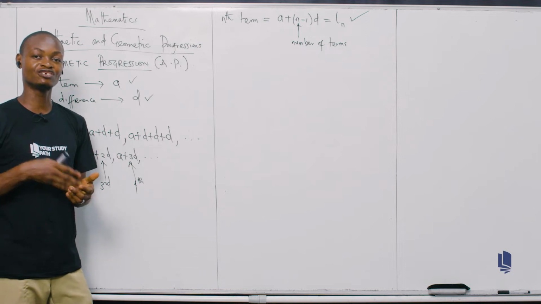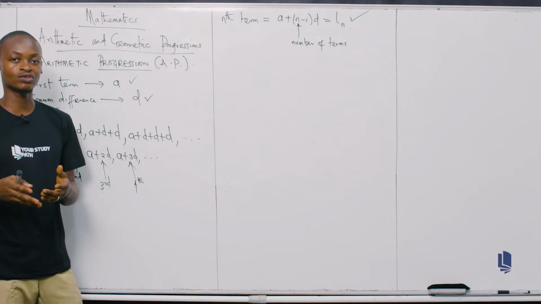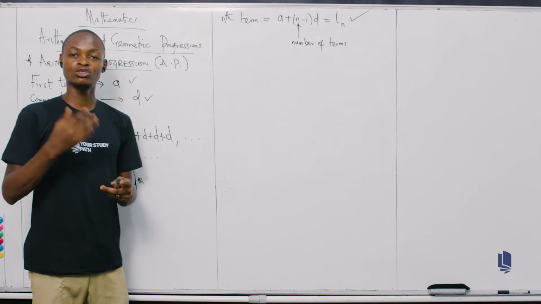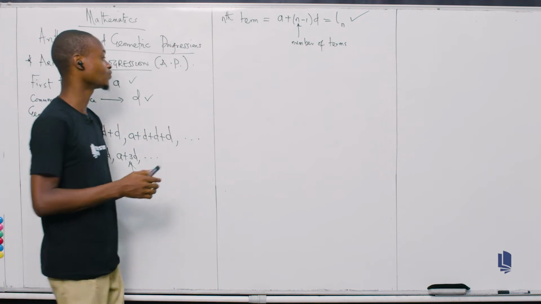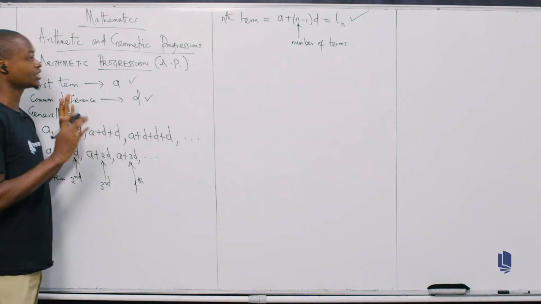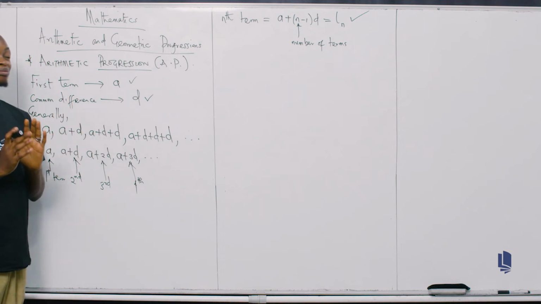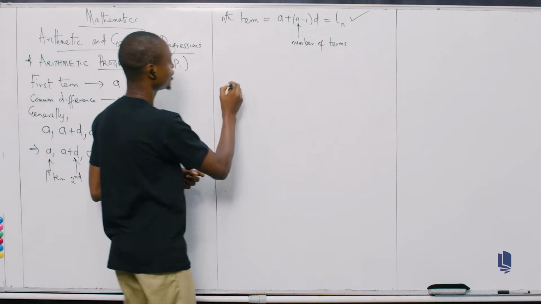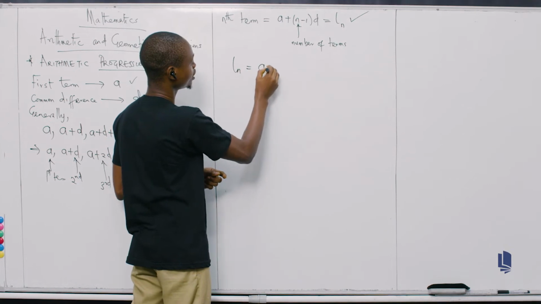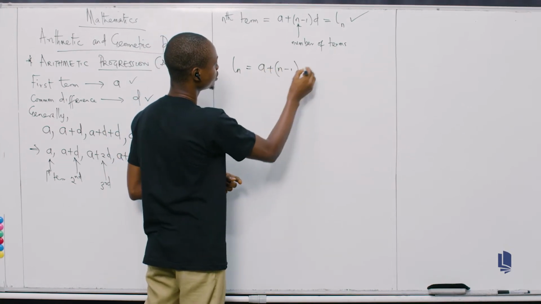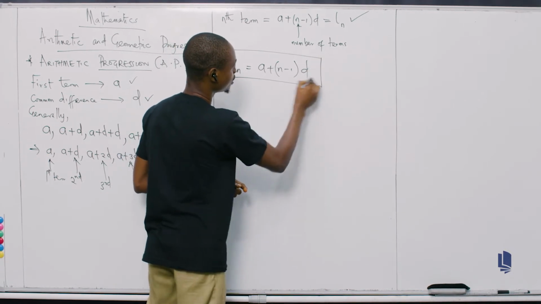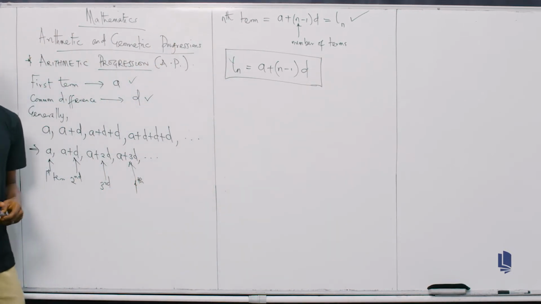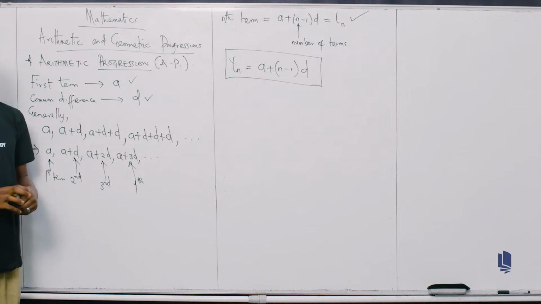If I'm looking for the 45th term, that means my n is equal to 45. If I'm looking for the 1000th term, that means my n is equal to 1000, and so on and so forth. So this gives us the identities that are very, very important. And this formula, Ln equals a plus (n minus 1)d, is a very, very important formula in the field of arithmetic progression.